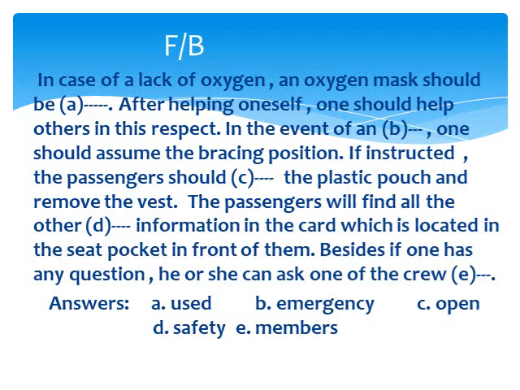So D should be safety information in the card, which is located in the seat pocket in front of them. Besides, if one has any question, he or she can ask one of the crew members. So if passengers have any question, they can easily ask the crew members without any hesitation.